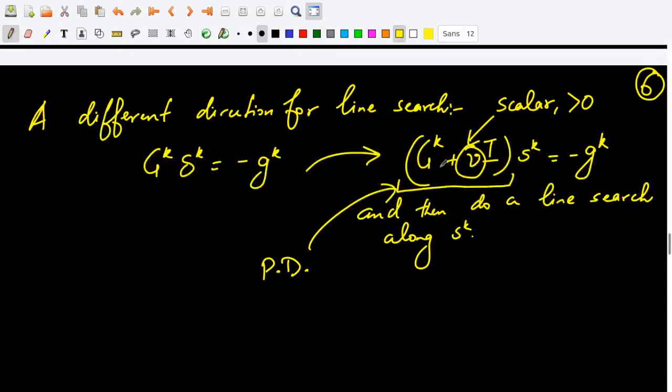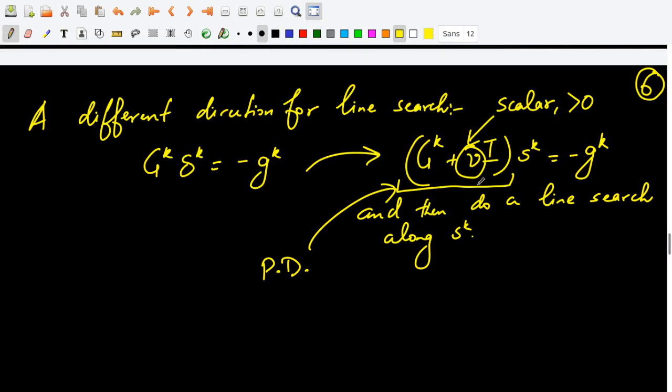So if certain eigenvalues of gk are less than 0, then I can add some diagonal entries. So this is a diagonal matrix with some positive entries, so that this whole thing becomes positive definite, and this is always possible. From linear algebra we know this.